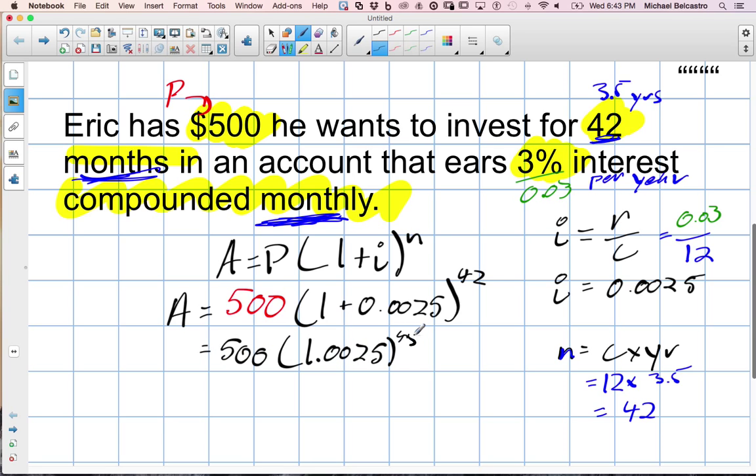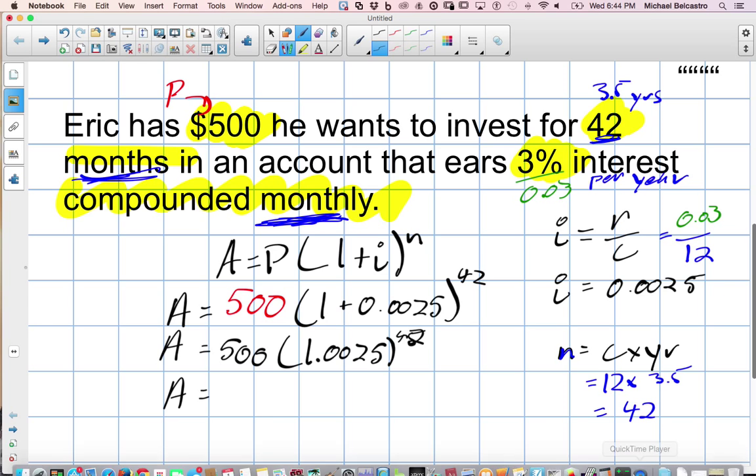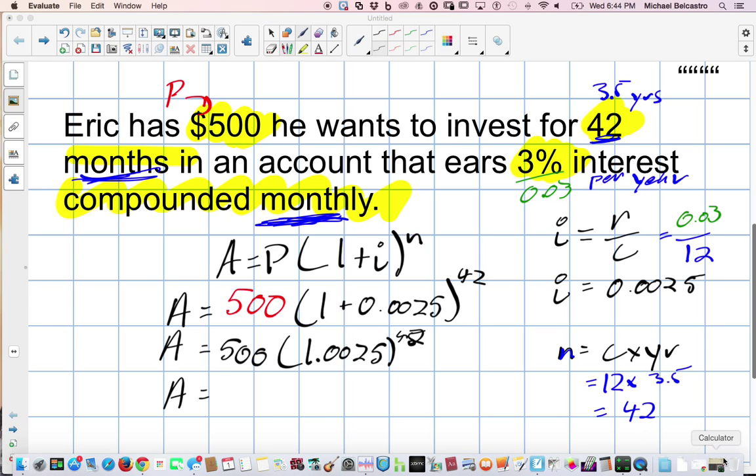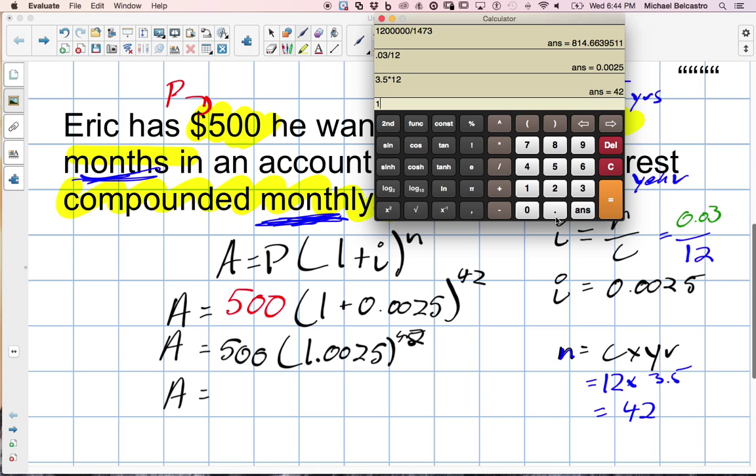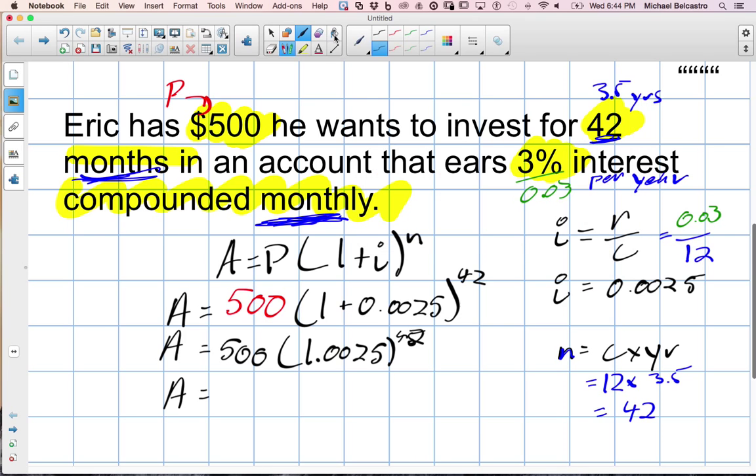We put it to the power of 42, and then multiply by 500. We could do the last step all in our calculator in one step: 1.0025 to the power of 42, and that value times 500 is 555.28.